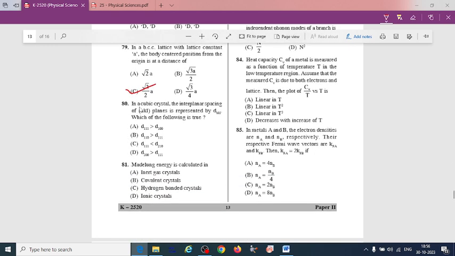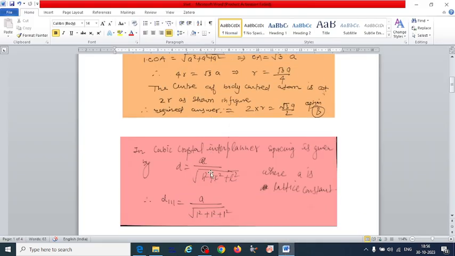Then the next question: in a cubic crystal, the interplanar spacing of the HKL plane is represented by DHKL. Which of the following is true? In a cubic crystal, the interplanar spacing is given by D equal to A by root of H square plus K square plus L square. A is the lattice constant.